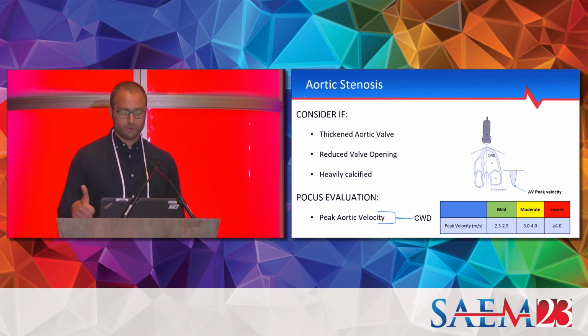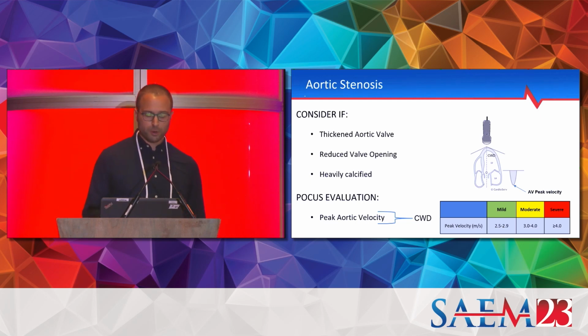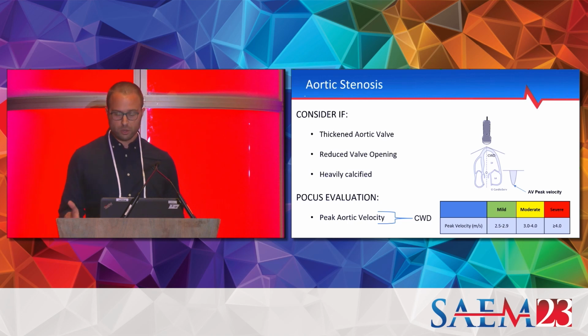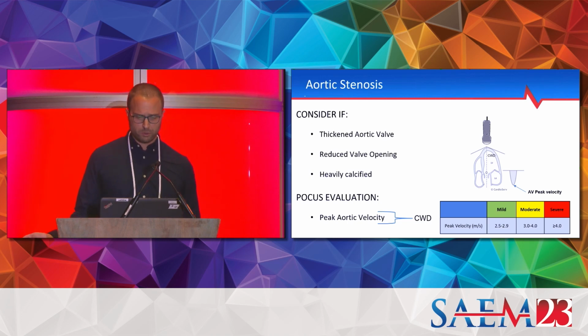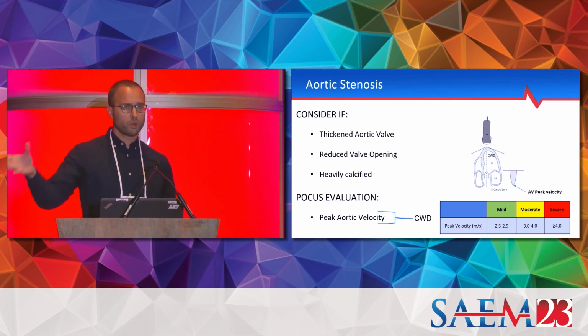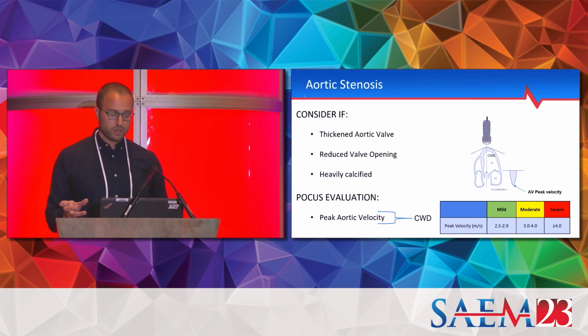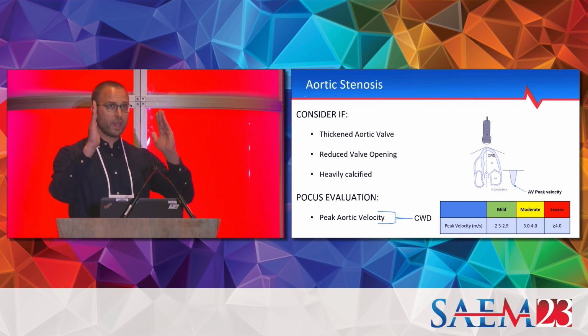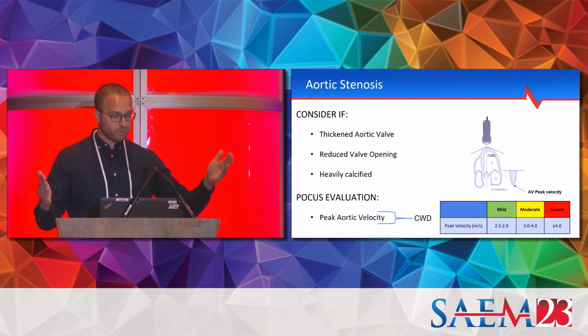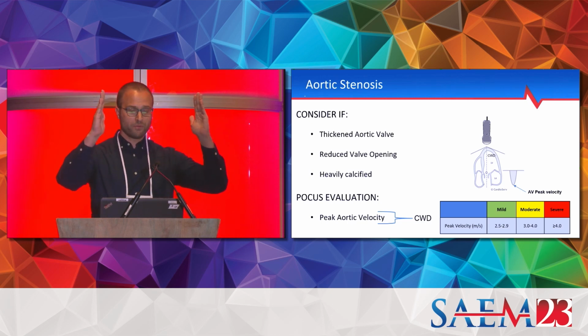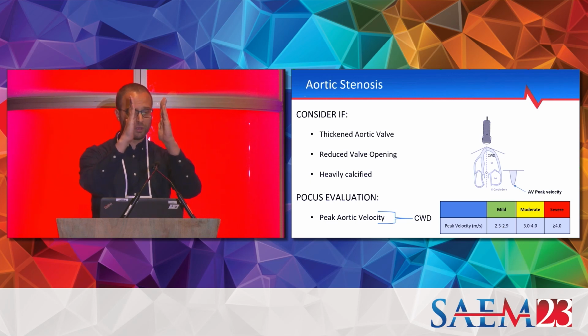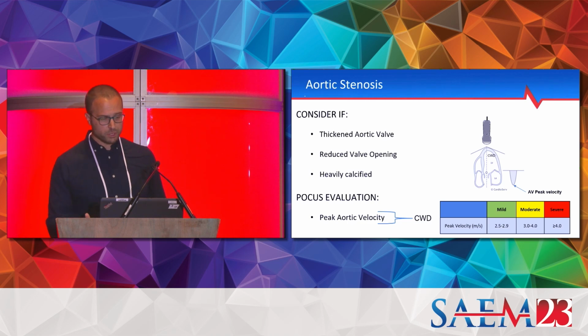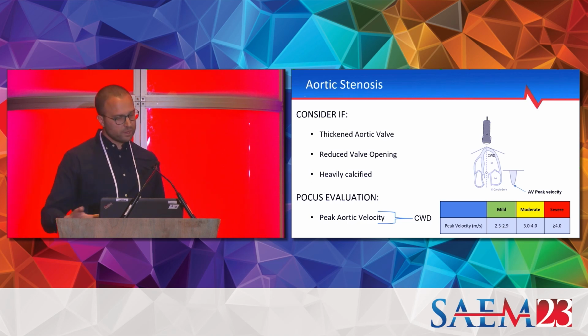I'm sure many of you remember back to your MCAT days, to your college physics, the continuity equation. It's saying that in a closed system, your flow has to be the same throughout. So if the flow just in front of the aortic valve is 5 liters per minute, and now all of a sudden you have to go through a very tight orifice, that velocity is going to have to pick up substantially in order to maintain that same flow rate.